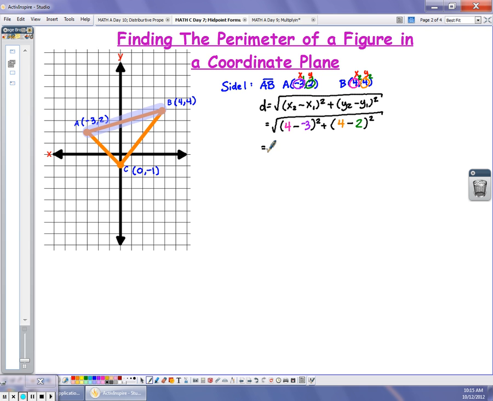Now I just need to do the math. I'll keep the square root, and I need to do 4 minus -3. 4 minus -3 will give me 7. I'll keep the squared and the plus sign. Now I need to do 4 minus 2, and that is going to give me 2. Again, I'll keep the squared.